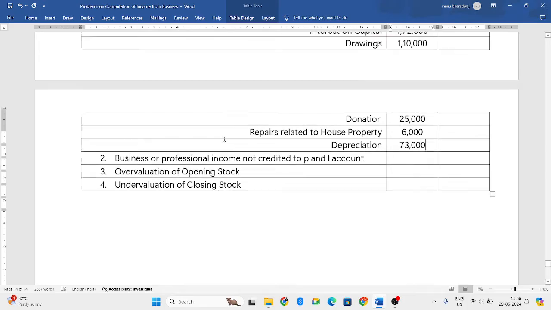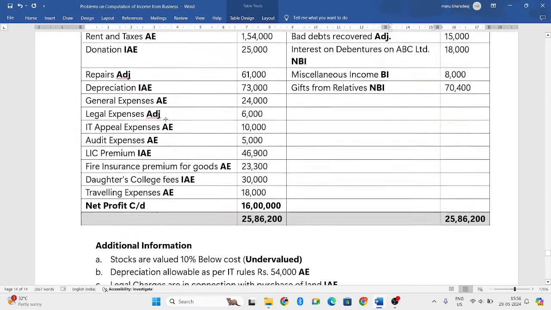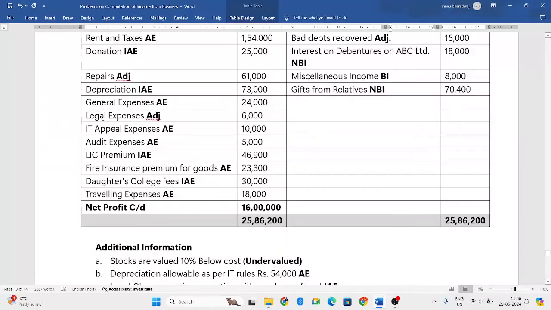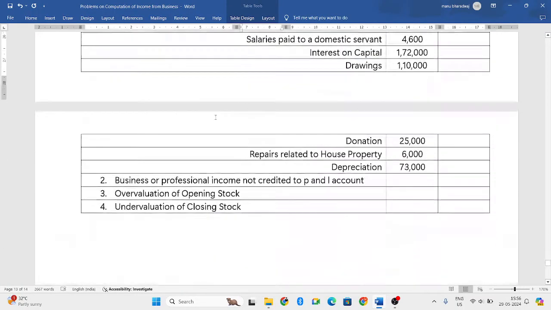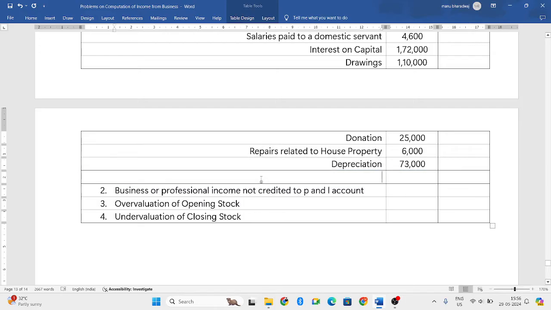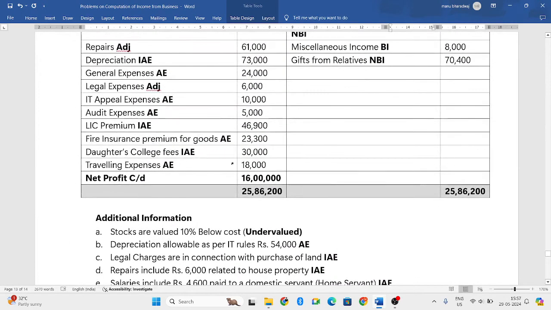73,000 rupees. Next, legal charges, we have an adjustment. Legal charges are in connection with purchase of land, so the complete 6,000 rupees is inadmissible. Next, appeal expenses is admissible expenses.